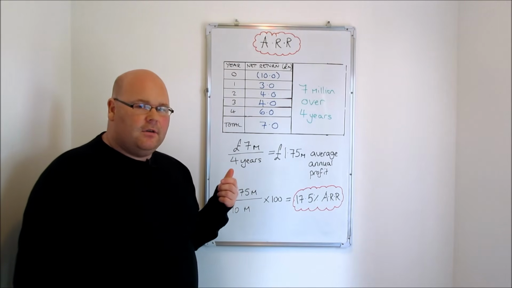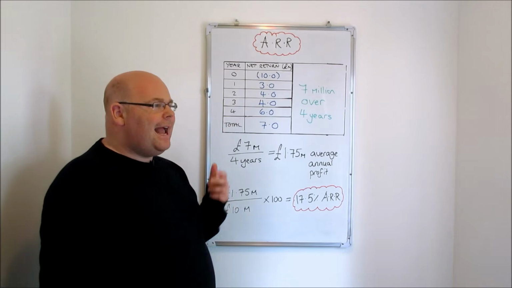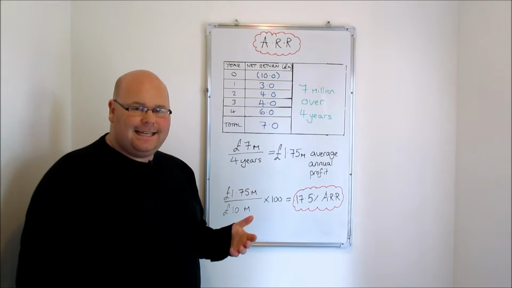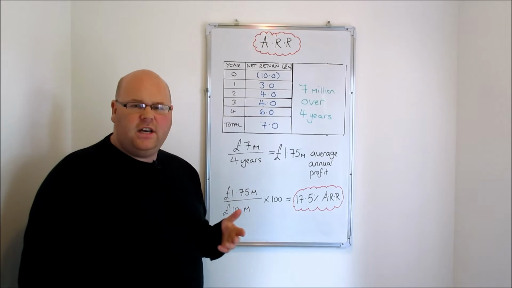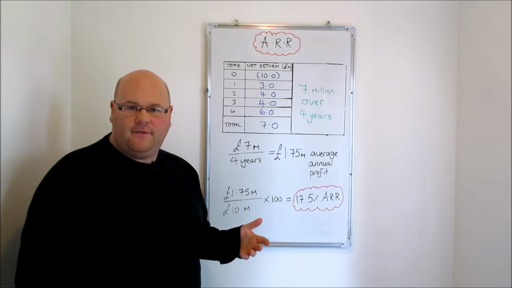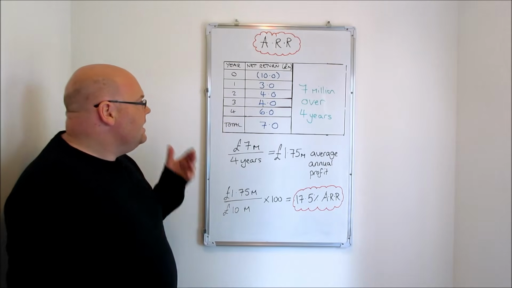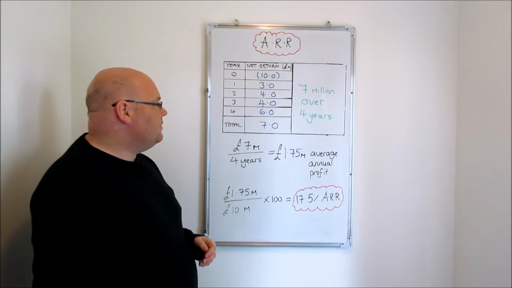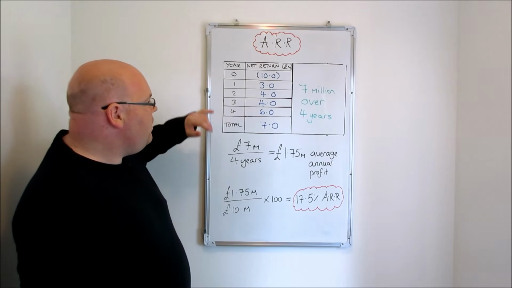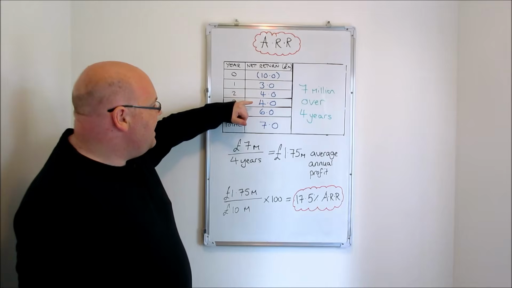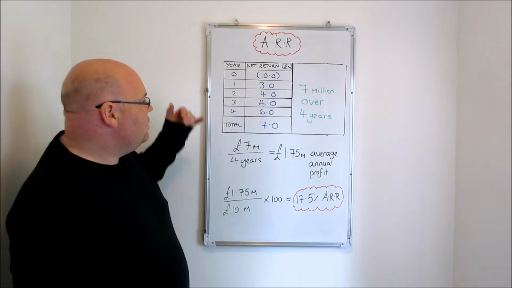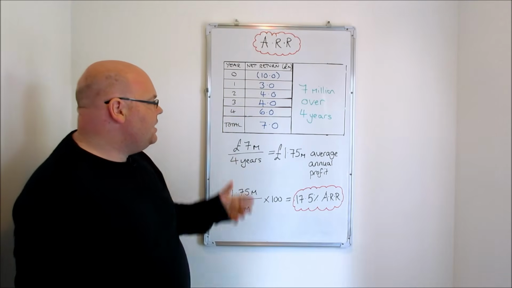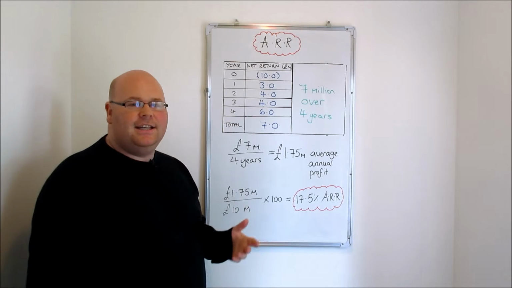And we're going to have a look at how we calculate the average annual profit of this project, expressed as a percentage, so that we can see what kind of returns this project is going to provide the organisation. So this is a project that is going to cost us £10 million. And over its 4-year life, we can see that it's going to make some net returns for us. In fact, the total net returns, if we add these four values together, is going to be £17 million.